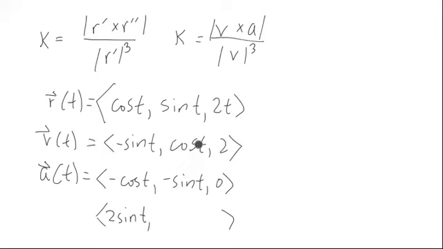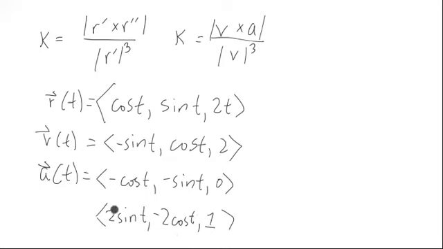That's just 0, and then minus that would be a minus minus, so it'd be a positive 2 cosine t, but then we change the sign, so it's negative 2 cosine t. And then to get this component, we look over here, we get sine squared minus a negative cosine squared. So we just get sine squared plus cosine squared, which is just 1. Very nice. Okay, so that's the cross product.